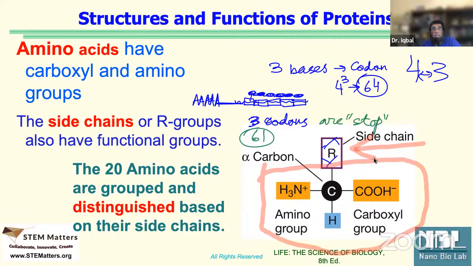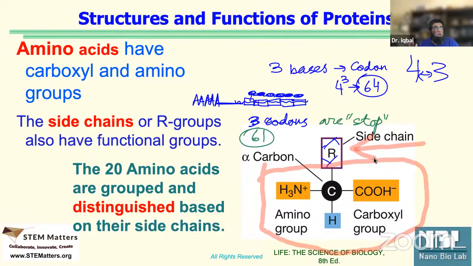Now if you look at the simple calculation, 3 bases make one codon, and there are 4 types of bases, which means there are 64 combinations that can come. But we only use 20 combinations, right?